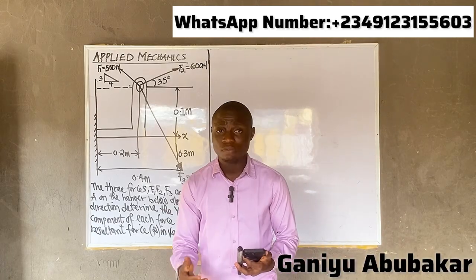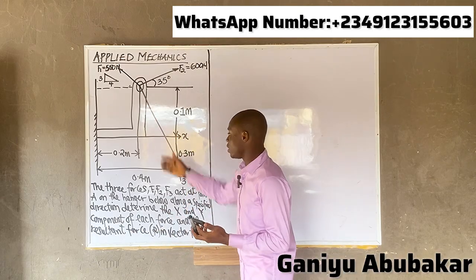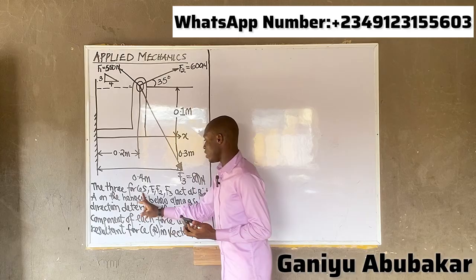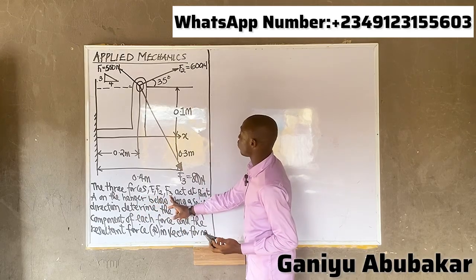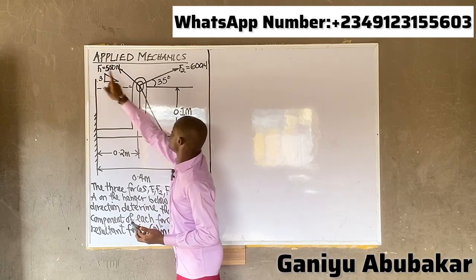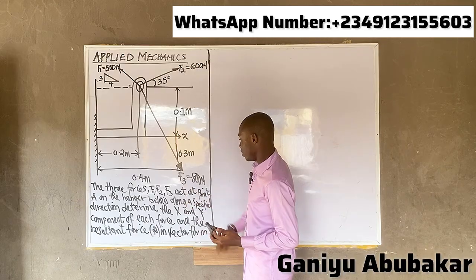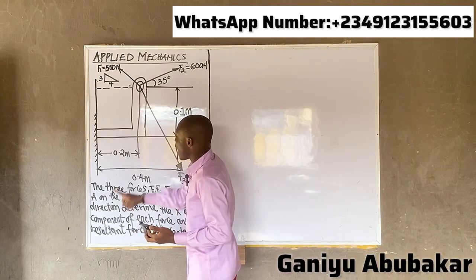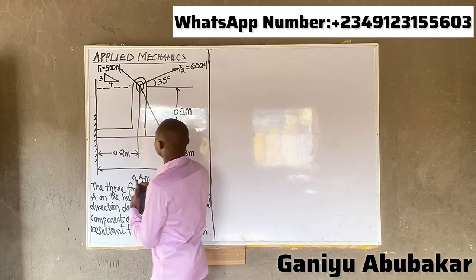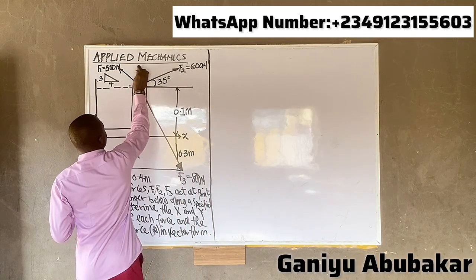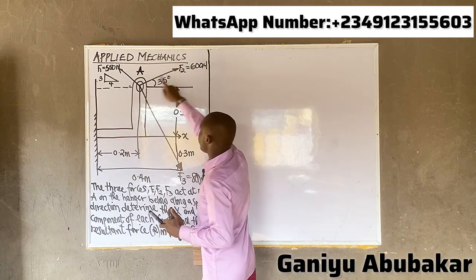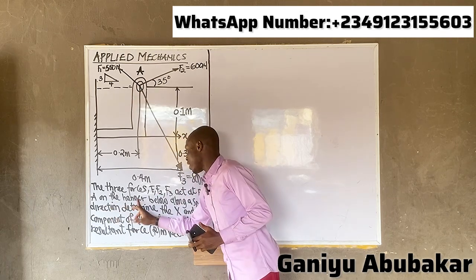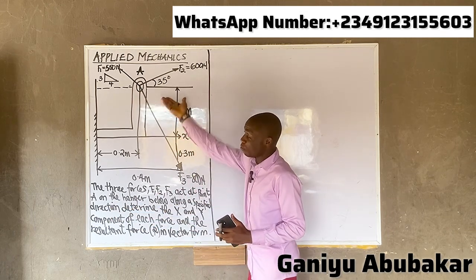First things first, the question with the attached diagram says the three forces F1, F2, F3 act at a point A. Said on the hanger below, perhaps mine is above, right?